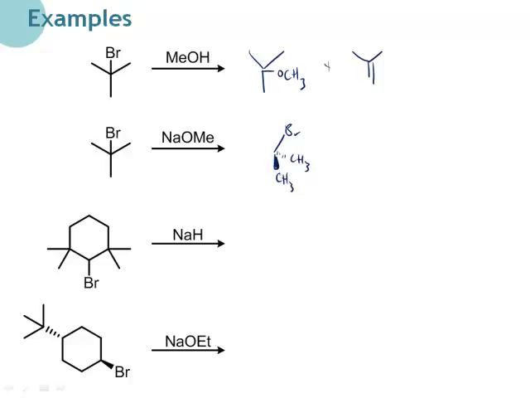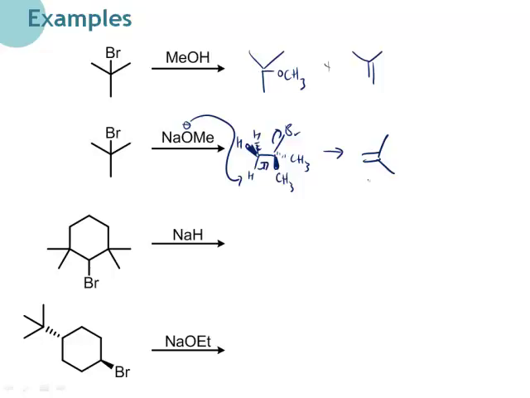Just drawing this out further. You're going to get the E2 pathway dominating just because the SN2 pathway is not competent at all.